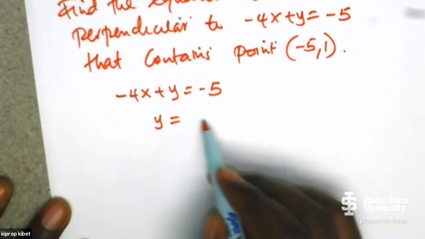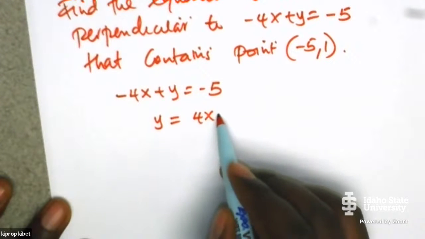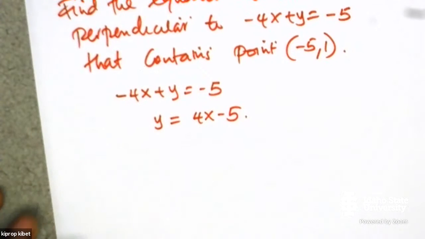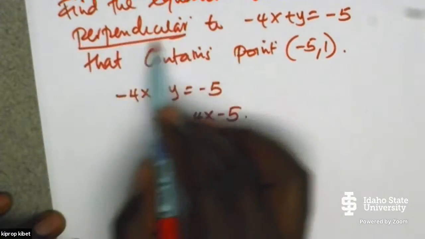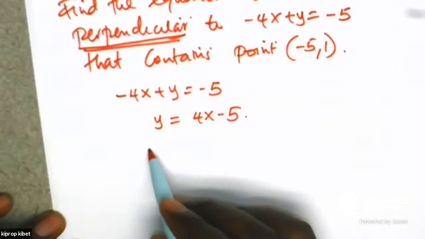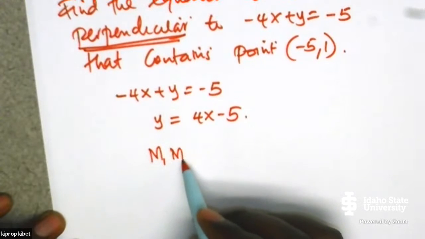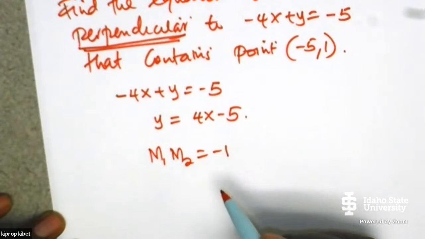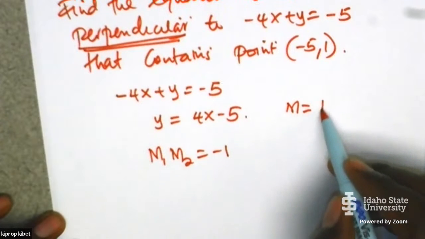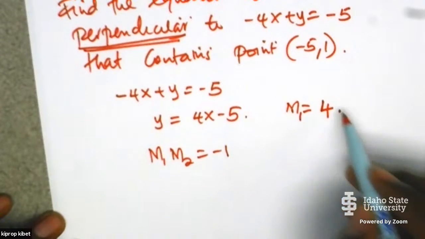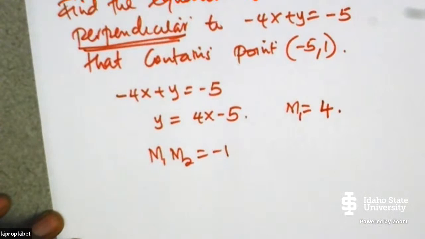So y equals 4x minus 5. Now, since this one is perpendicular, we know that M1 times M2 equals -1. Our M1 here is equal to 4.